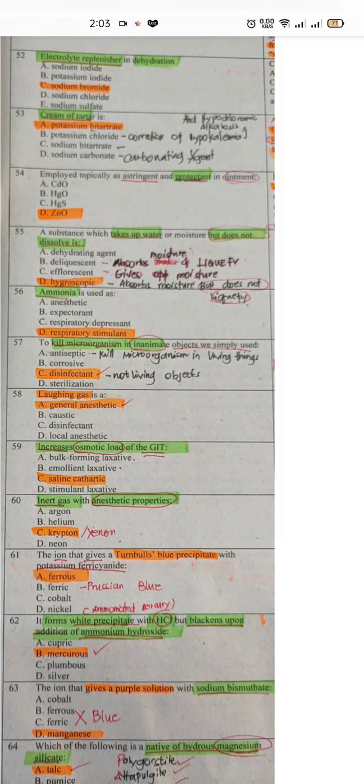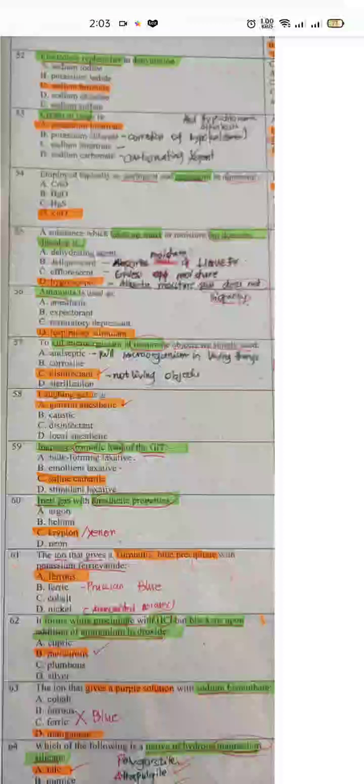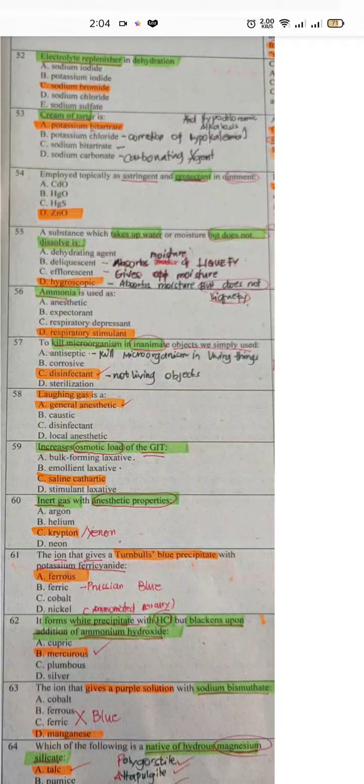I think there is no correct answer in the choices. However, the correct answer here is, no, wait, I was wrong. The ion that gives a purple solution with sodium bismuthate is your manganese. The answer was correct after all. Manganese. When it is a blue solution with sodium bismuthate, the answer here is your ferrous and ferric. So, when ferrous and ferric plus sodium bismuthate, the result is blue precipitate, while manganese plus your sodium bismuthate, the result is purple solution.